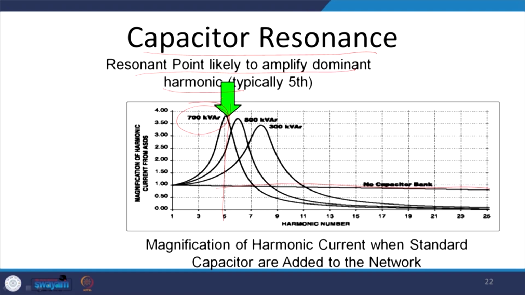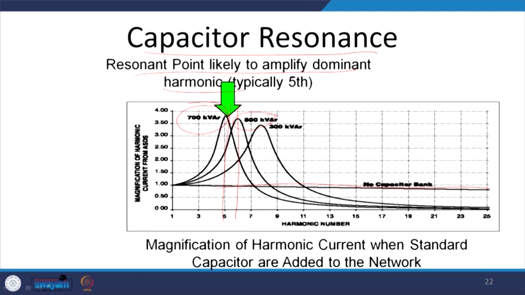Ultimately, it will find low impedance for the 5th harmonic. Similarly, if you have 500 VAr, then the frequency will be shifted to the higher side. So, you will have the resonance around the 6th harmonic.